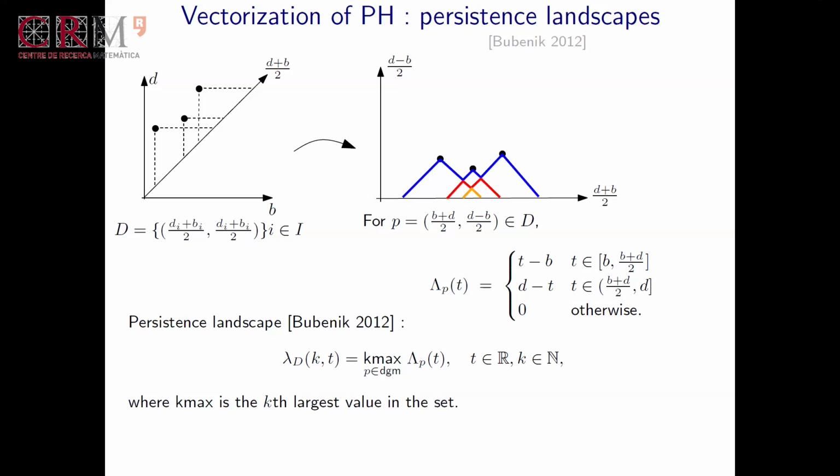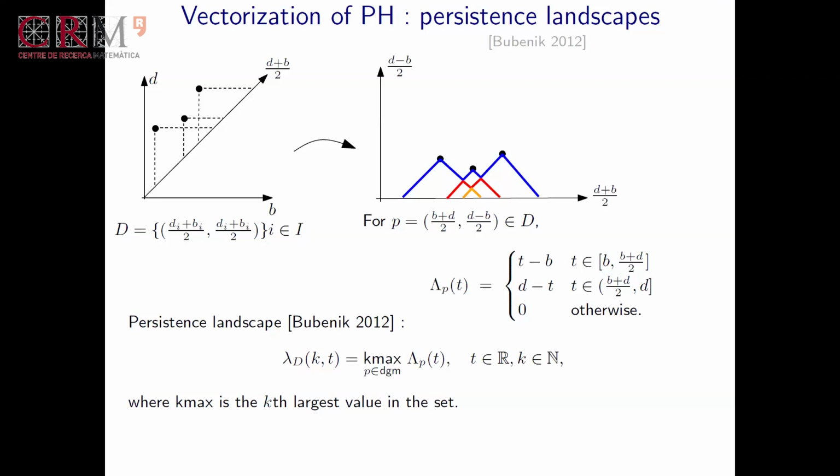For each point of the diagram, you look at the triangle, which before rotating is an isosceles right triangle with the right angle here, that joins the point to its vertical and horizontal corresponding points on the diagonal. I do that for all the points.